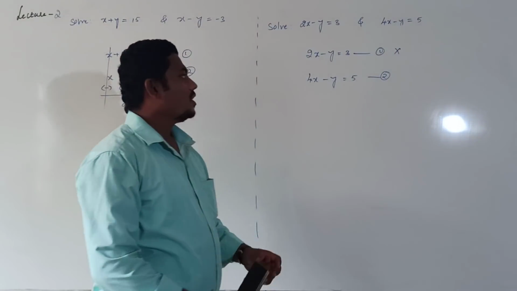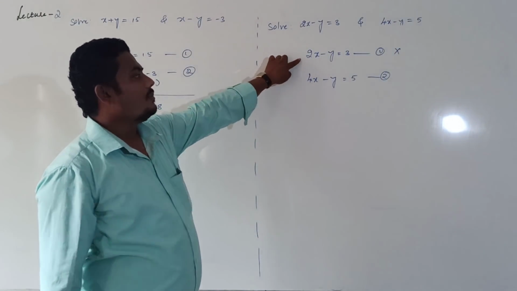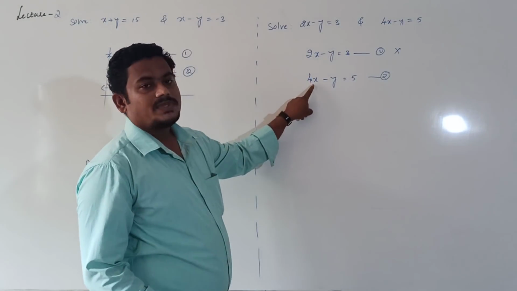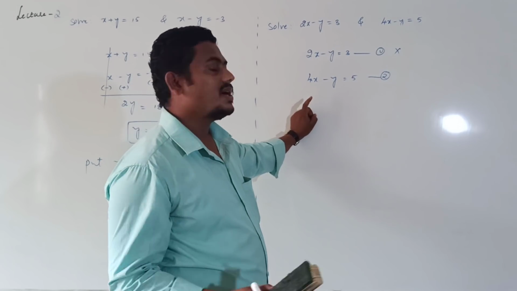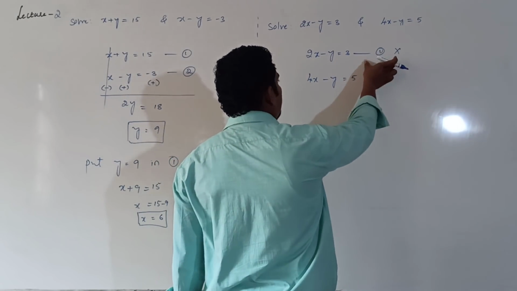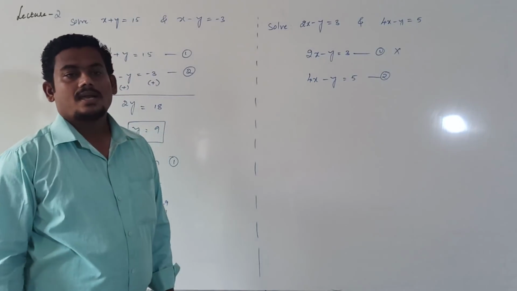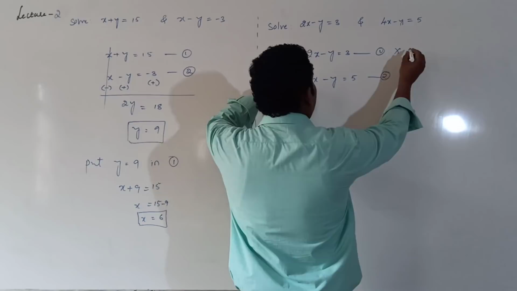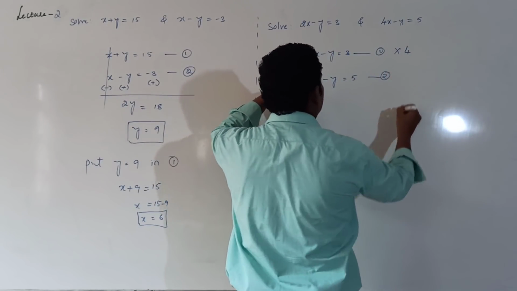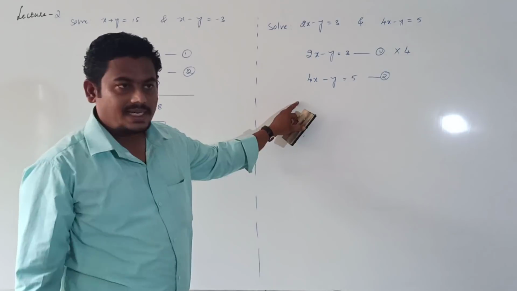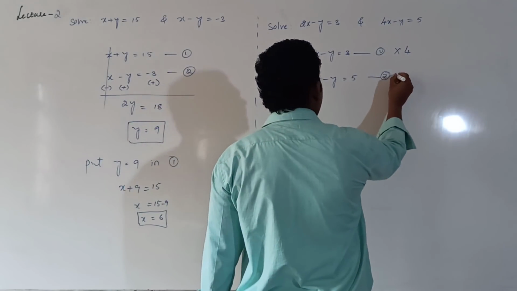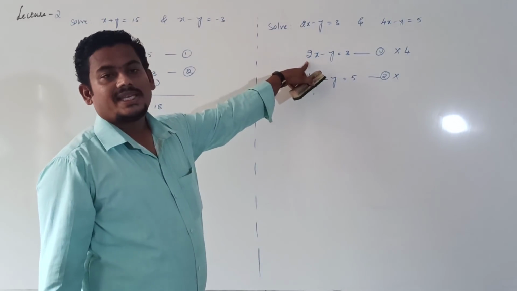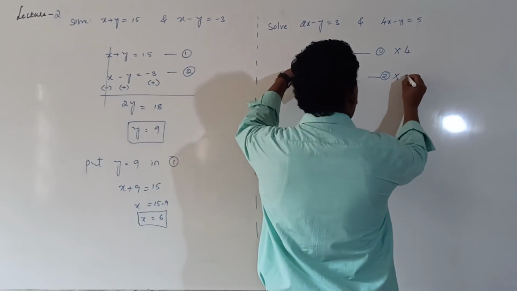To make the coefficients equal, multiply equation number 1 with the coefficient of x in equation number 2, and similarly multiply equation number 2 with the coefficient of x in equation number 1.